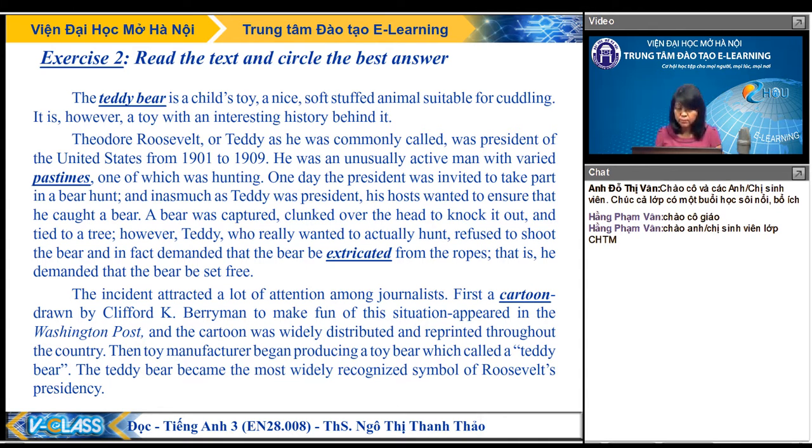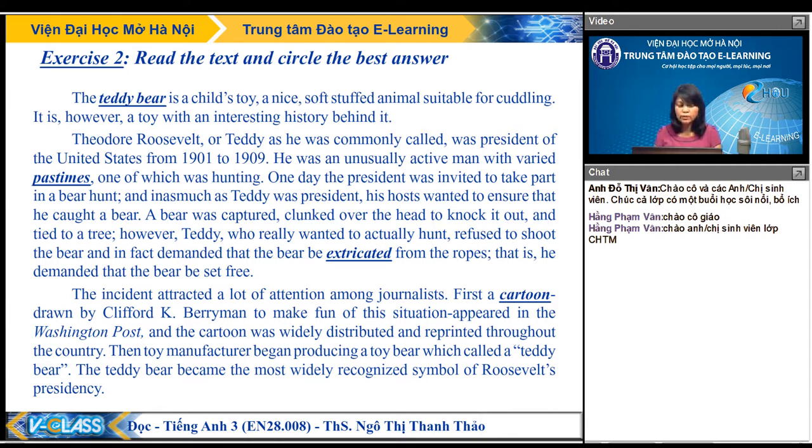As I just mentioned, after that the writer explained the meaning of the word: he demanded that the bear be set free. So be set free here has the same meaning as to be released. So the answer to the question here is A, released.